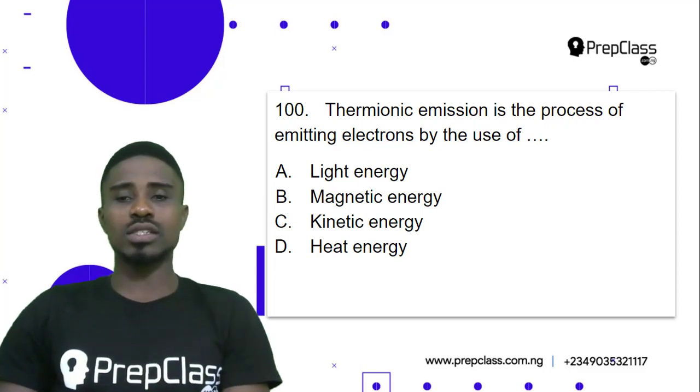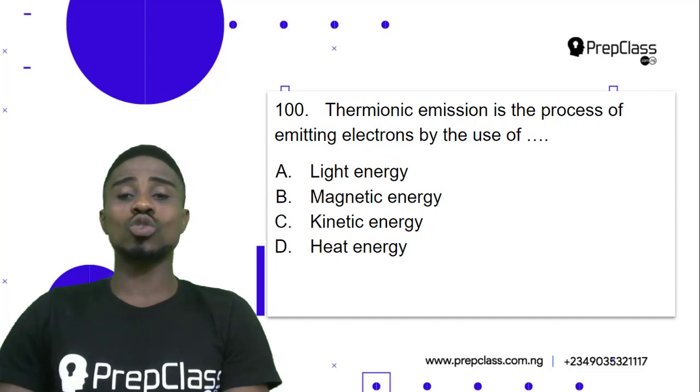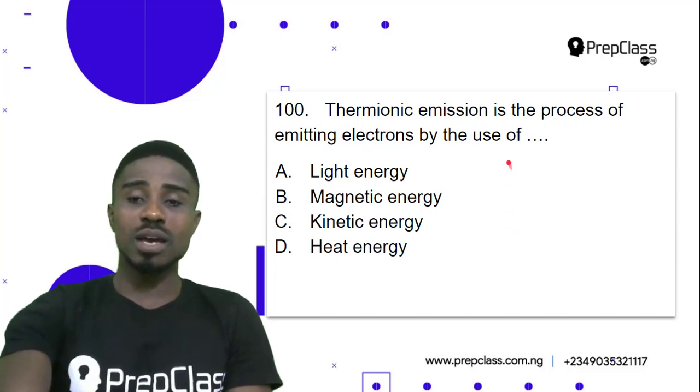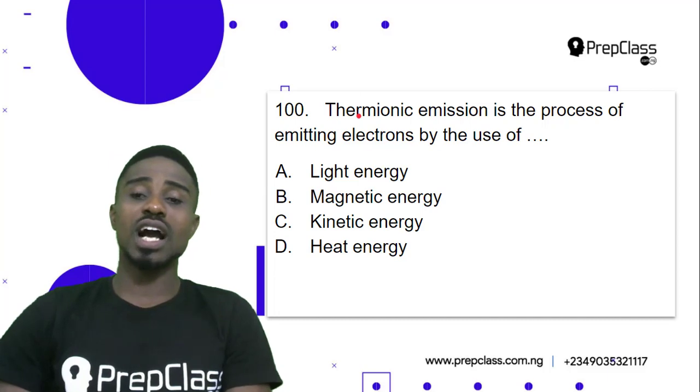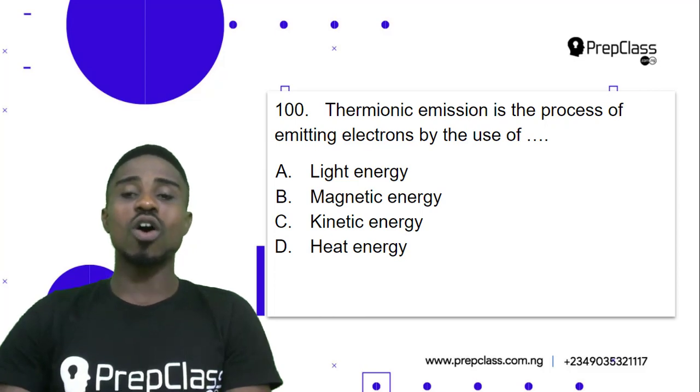Now, in talking about thermionic emission, the first thing that comes to our mind when we see the term thermo is heat. Whenever we see this term therm or thermo, it definitely has to do with heat. So when you're talking about thermodynamics, thermometer, all these things have to do with heat.